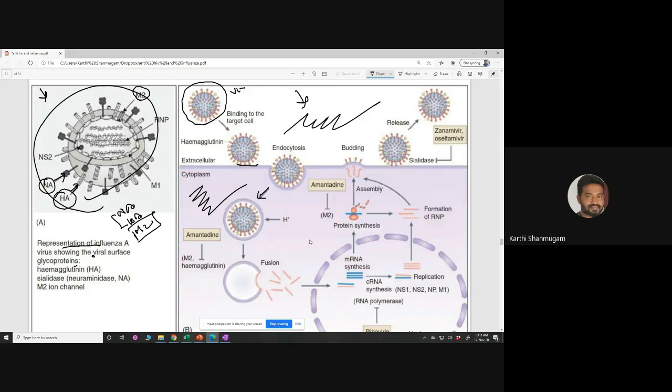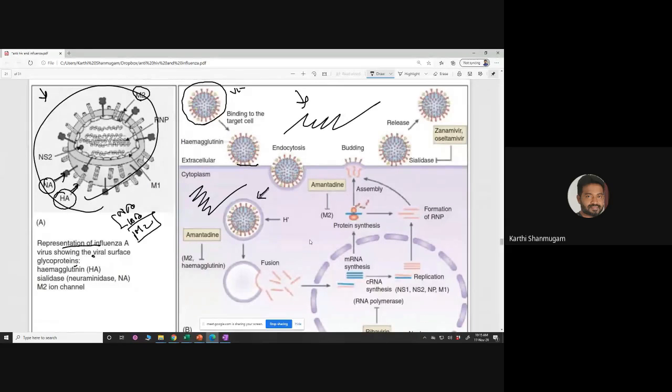Now assume that the virus particle has entered the host cell and is ready to make use of the host machinery for its reproduction. Here there is a kind of envelope.